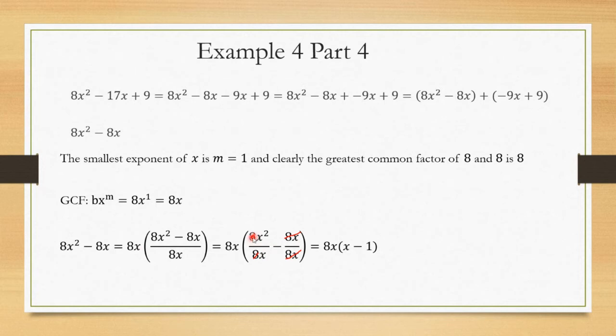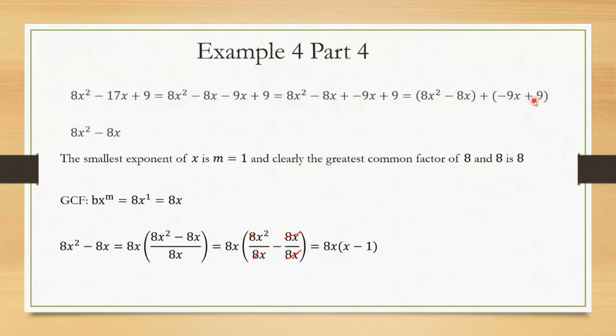Here, for instance, the 8's cancel. X squared over x gives us x. 8x cancels with itself, we have 1. So we have 8x times x minus 1. Now that's for the first group.